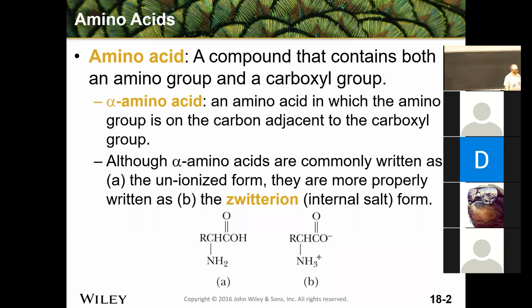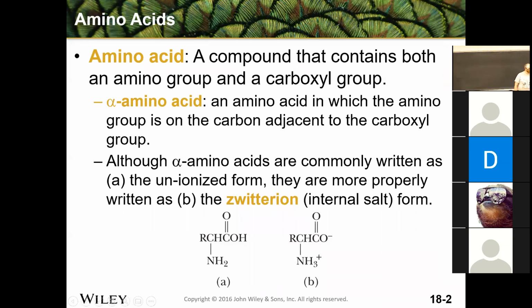Amino acids are compounds that contain both an amino group and a carboxyl group. Most amino acids are what we call alpha amino acids, and these are ones in which the amino group is on the carbon adjacent to the carboxyl group, in other words, carbon number 2.